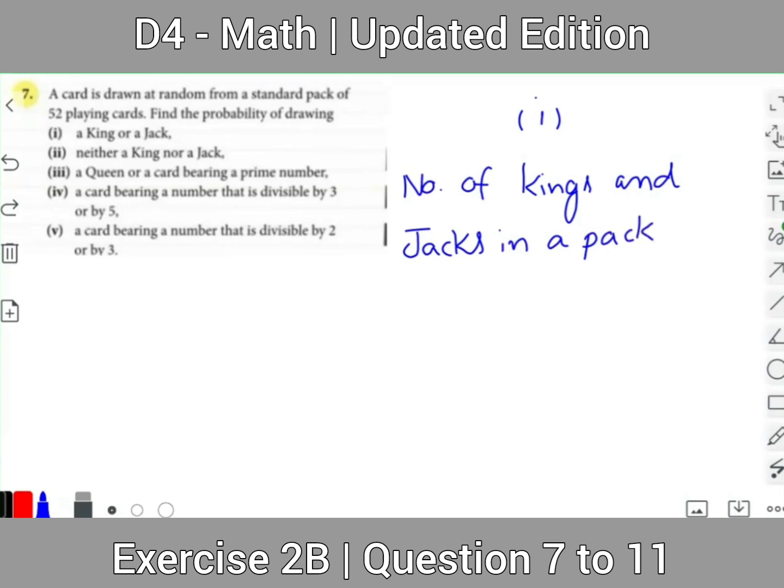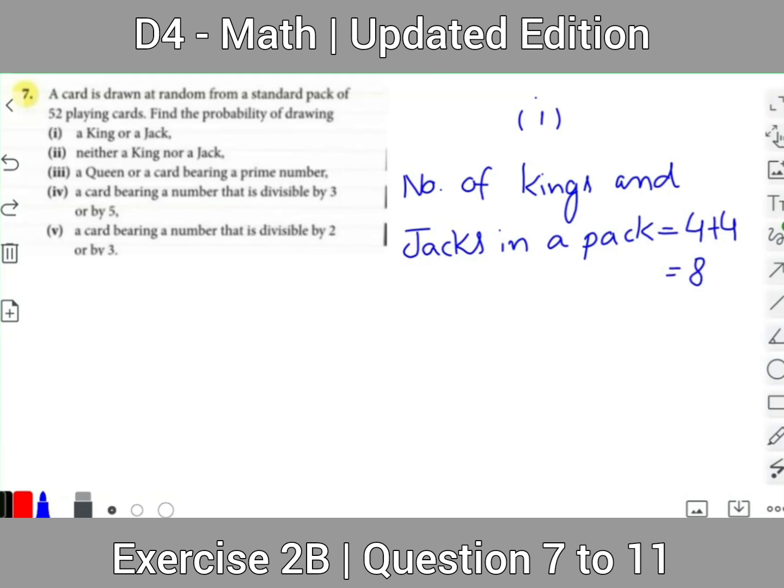Since we have four suits in the standard pack of 52 playing cards, each suit has its own king and jack. So in total, we have four kings add four jacks, and that will be equal to 8.